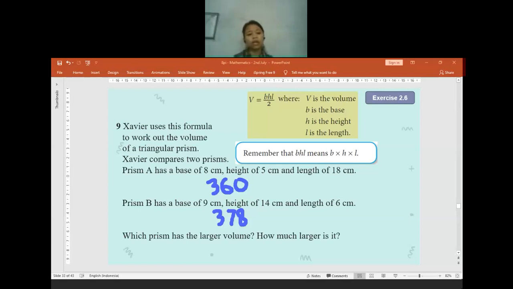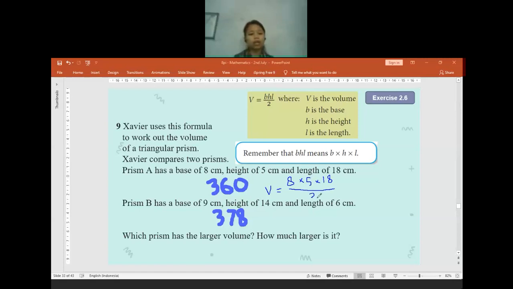To find it, we need to calculate it. We just need to replace all the numbers into the formula given. V is equal to, the base is 8, so we write 8 times the height, 5, times the length, 18, and then we divide by 2.